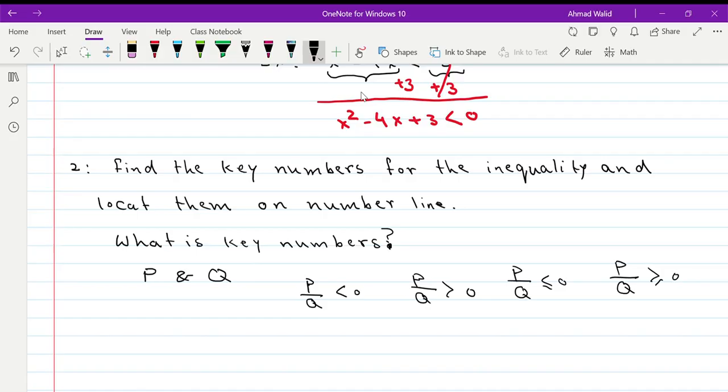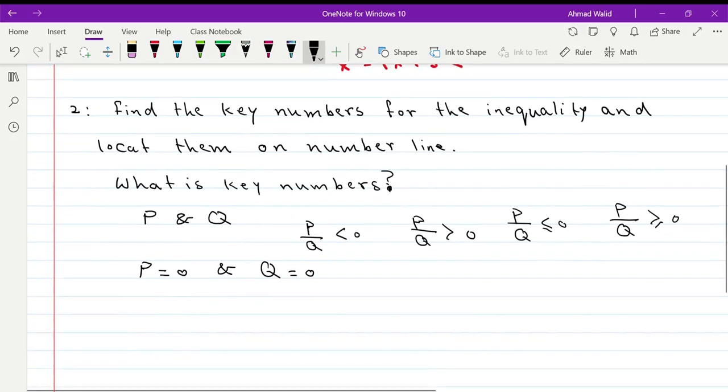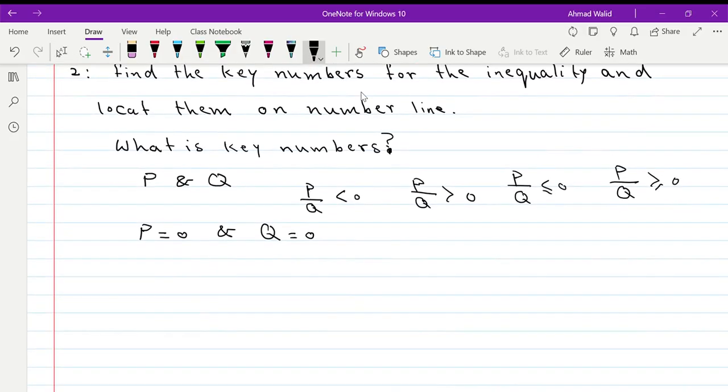How to find the key numbers, or what are the key numbers? The key numbers are P equals 0 and Q equals 0. It means if I give you a polynomial, for example, in the previous example, when I have x squared minus 4x plus 3 less than 0, to find the key numbers, this is a polynomial.